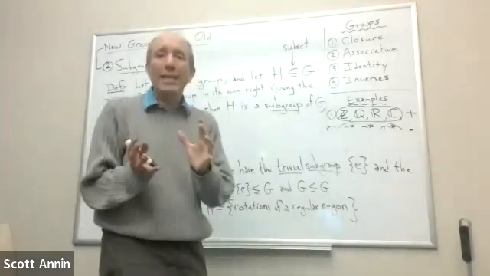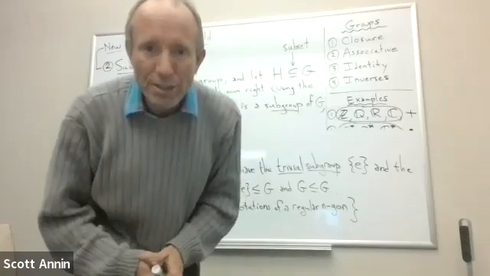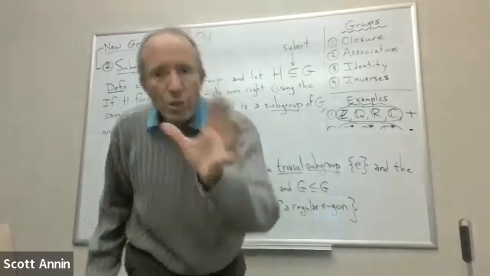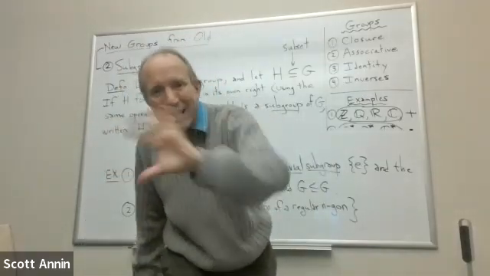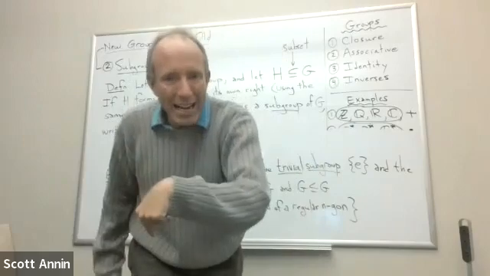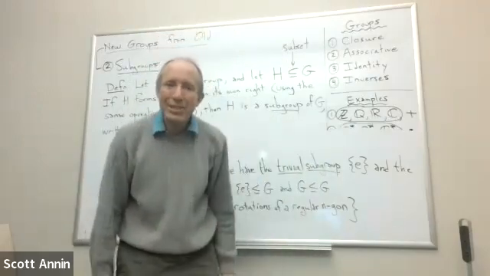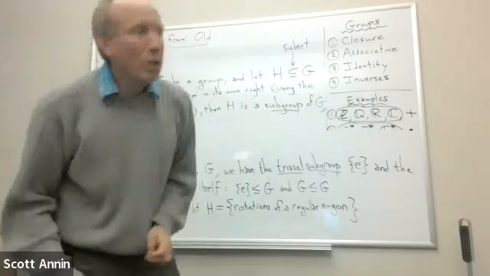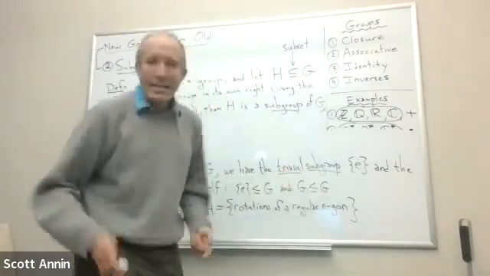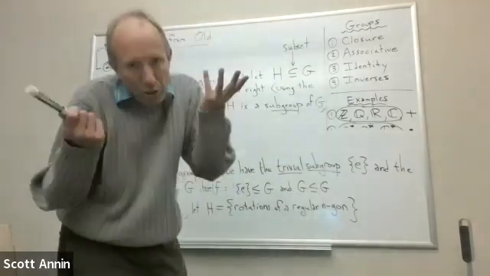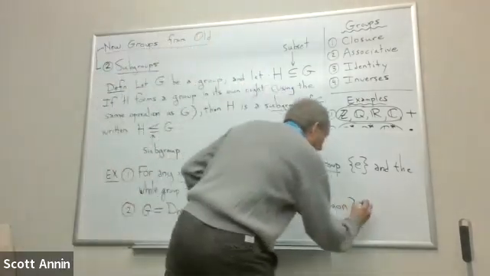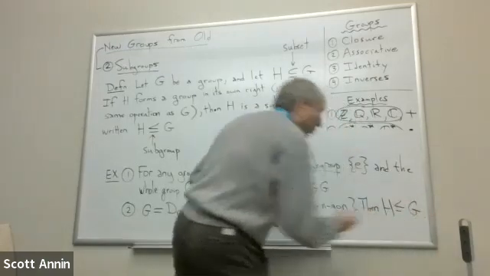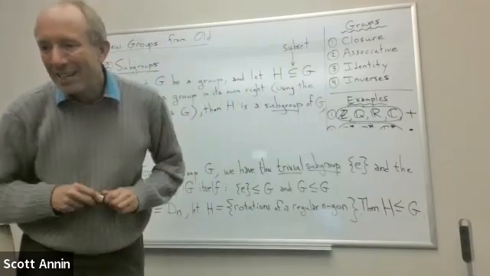You're not actually doing anything, but it's still considered a rotation of 0 degrees. And of course, the inverse of a rotation is to just rotate backwards by the same amount, which technically is still a rotation, just in the opposite direction. It's still going to be in this set of rotations. So H has inverses, it has closure, it's associative, there's an identity element. And so in fact, this is a good example of a subgroup.